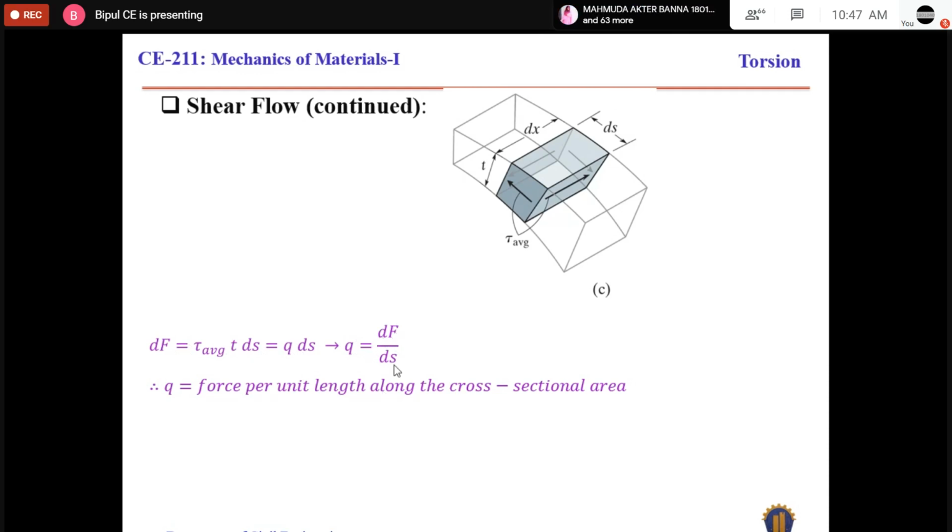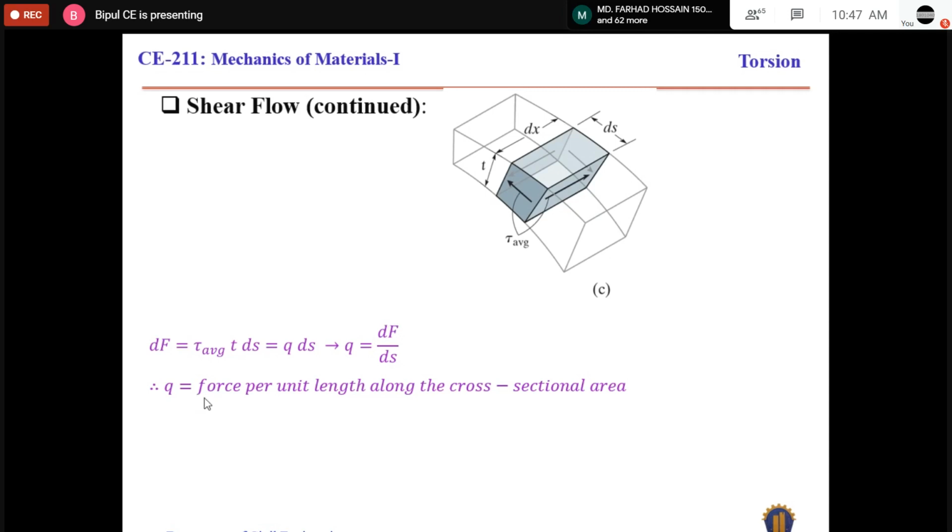So what is indicated by this equation? dF is the total shear force acting on the element, and the length of the element is ds along the perimeter. So this equation indicates the shear force per unit length along the perimeter.